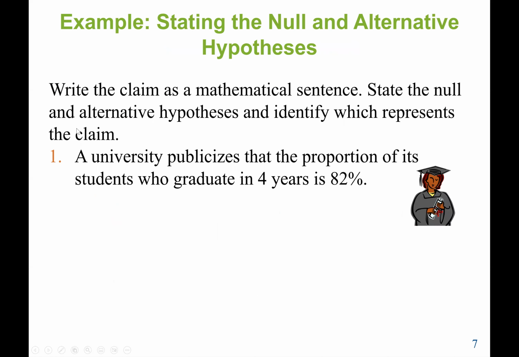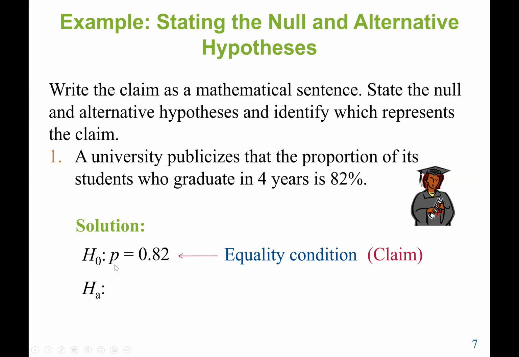So we have one example here. Here they say, write a claim as a mathematical sentence. State the null and also the alternative hypothesis and identify which represents the claim. Here we say a university publicized that the proportion of its students who graduate in 4 years is 82%. So this will be again the claim. So H0 will be p equal to 82%.